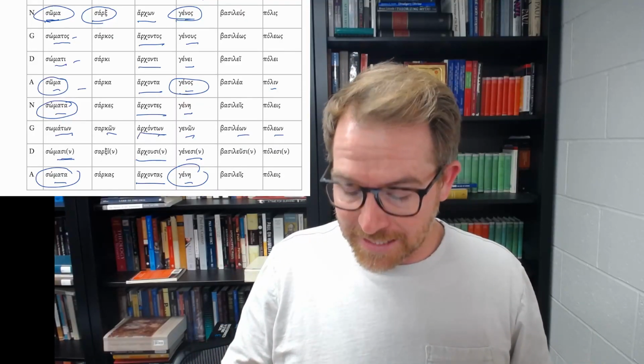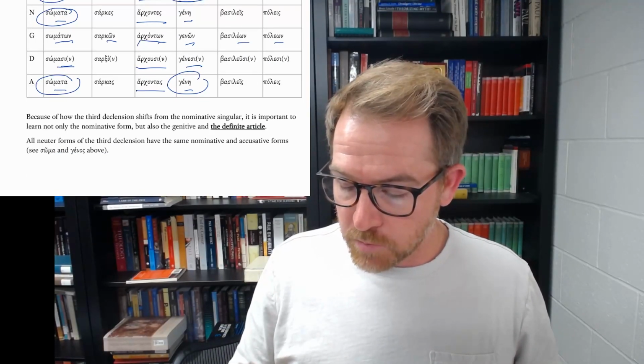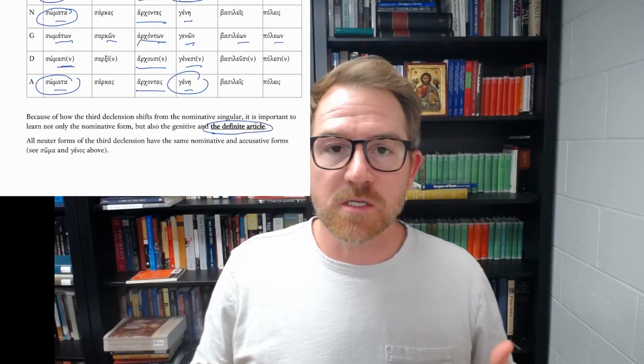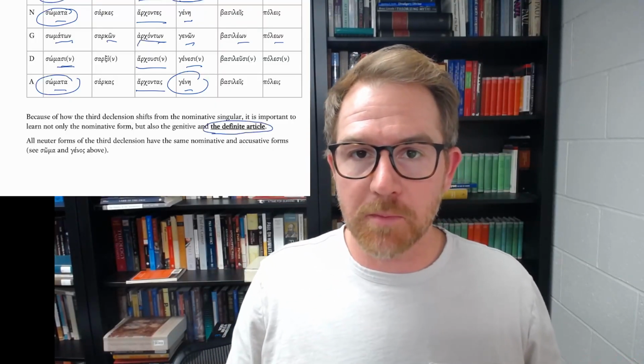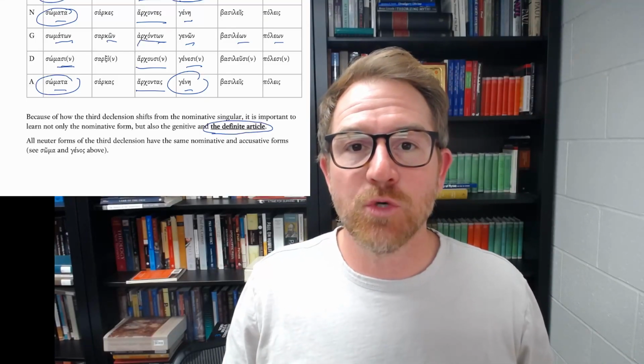It's also really helpful to point out that knowing your definite articles will really help with these third declension nouns, because as you've probably already noticed, a lot of these Greek sentences like to include the definite article.